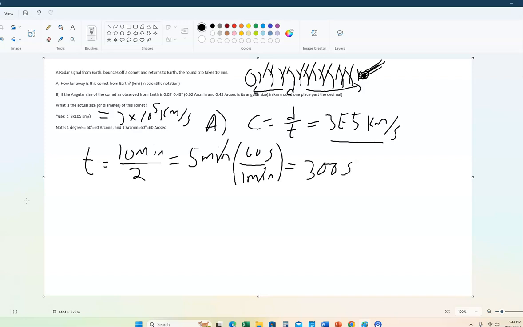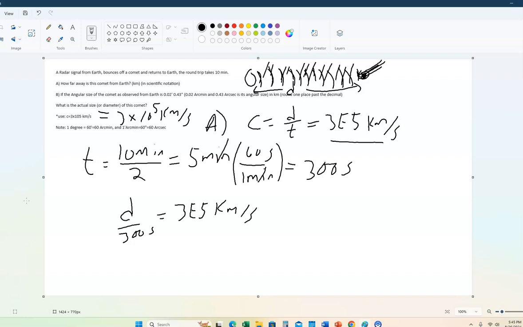So it takes 300 seconds for the radar beam to go all the way to the comet, and that's all we are interested in. We just want to know what that distance is. With the equation d over t, we know what t is now, so d over 300 seconds equals the speed of light, 3 × 10⁵ kilometers per second.